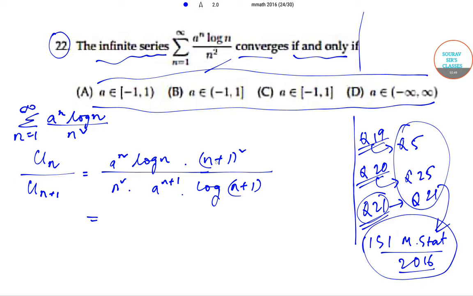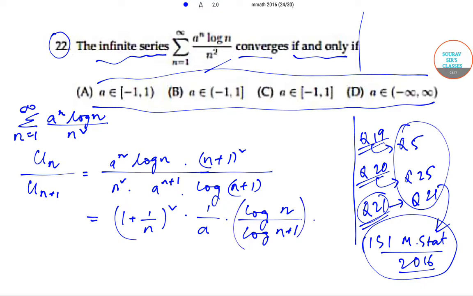Now if we take n plus 1 in the square, this will come down to 1 into 1 plus 1 by n whole square, okay? And taking a common, this will be equal to 1 by a, and this will be equal to log of n upon log of n plus 1. So these are the three parts.